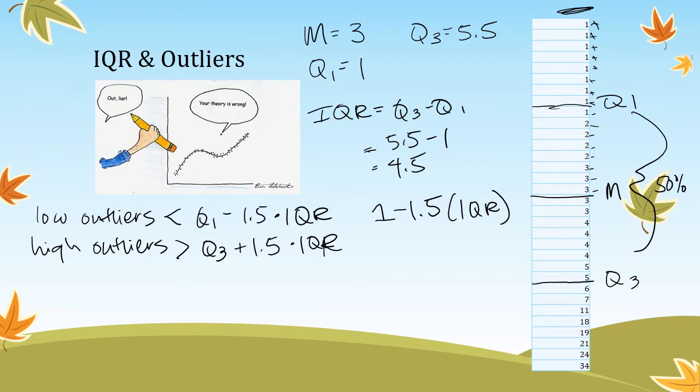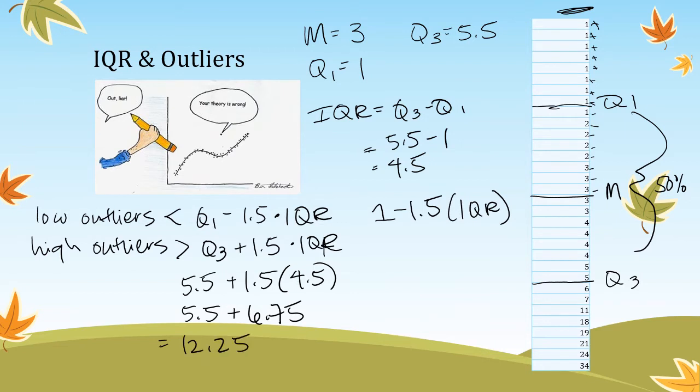Quartile 3 is 5.5 plus 1.5 times IQR, which we calculated as 4.5. So that's going to be 5.5 plus 6.75, and when I use my calculator, I get 12.25. So what does this mean?